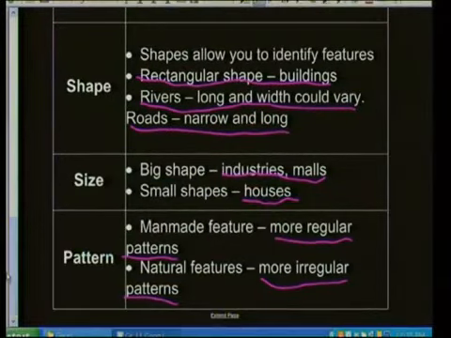People, please note, practice this in your books and on your maps, because learning these things will make you identify features more easily.